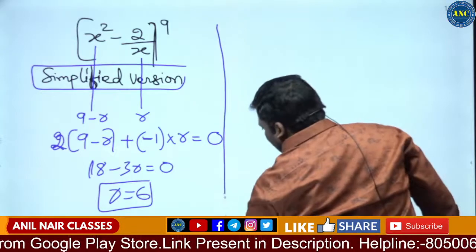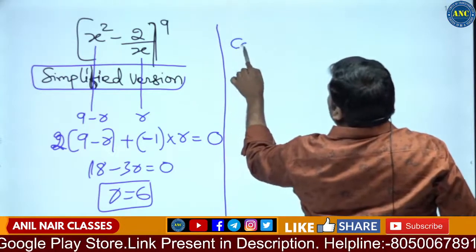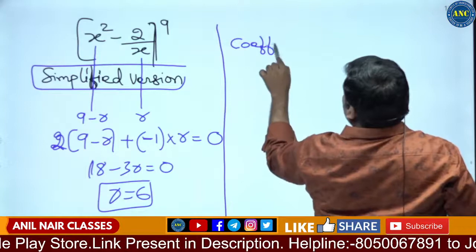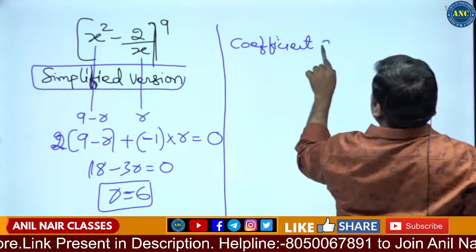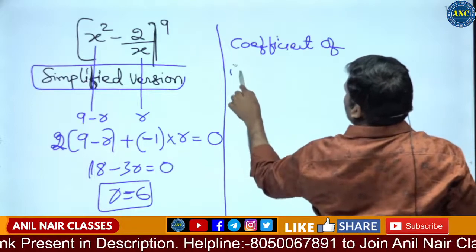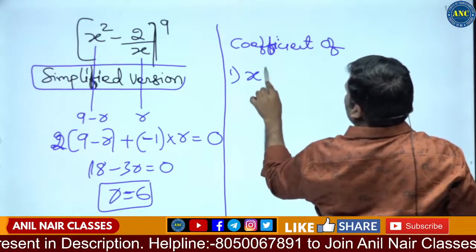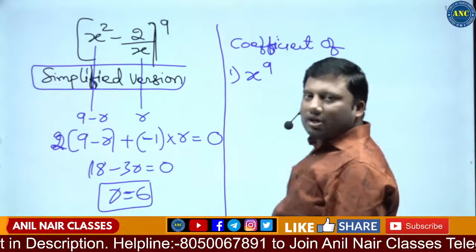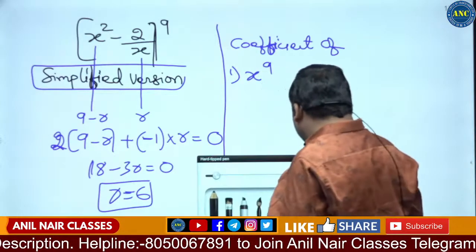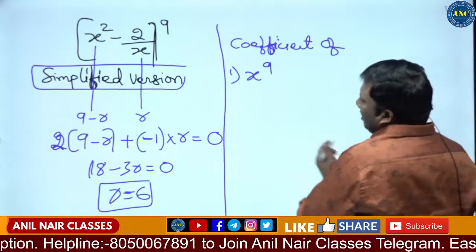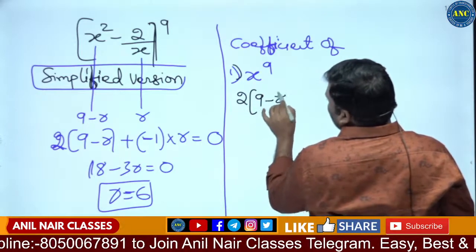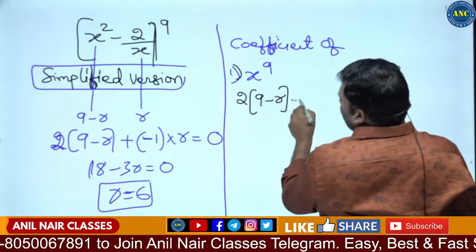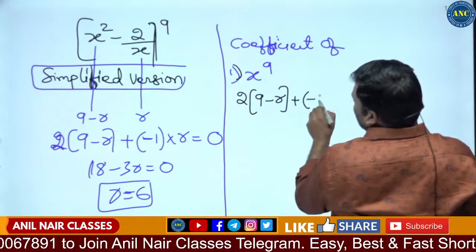Suppose the question is, I want the coefficient of x power 9. If I want the coefficient of x power 9, this will be 2 into 9 minus r plus power of x is minus 1.